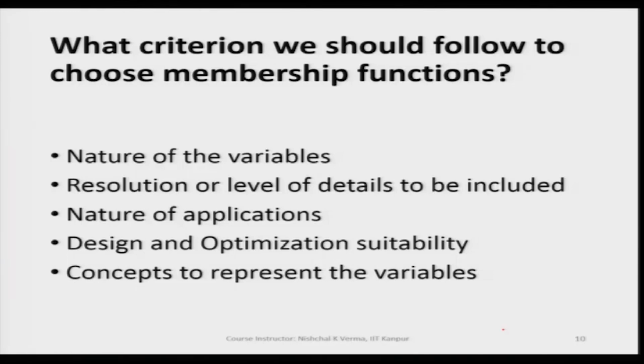At this point I would just like to tell you that the nature of the variables is very important when we choose the membership functions, because as I mentioned, they are providing us the belongingness, the membership values. So, we need to choose these membership functions very intelligently in order to have the proper fuzzy set, in order to form a right fuzzy set.